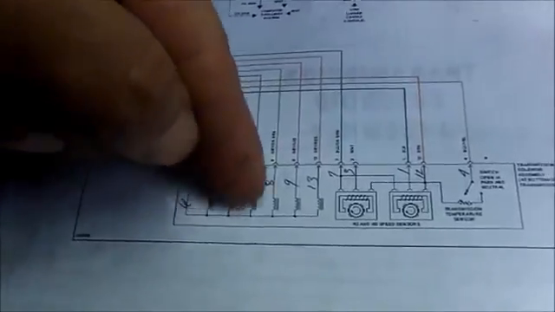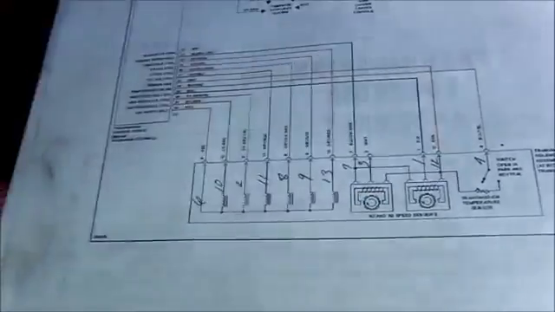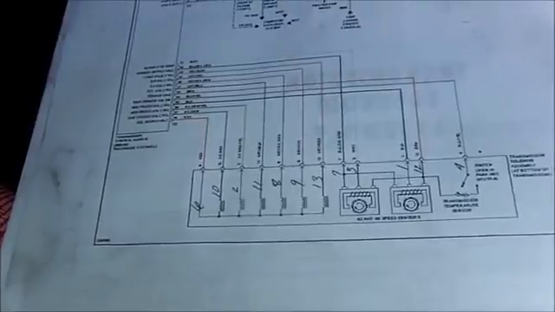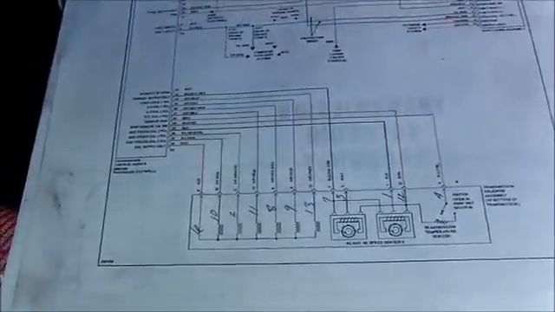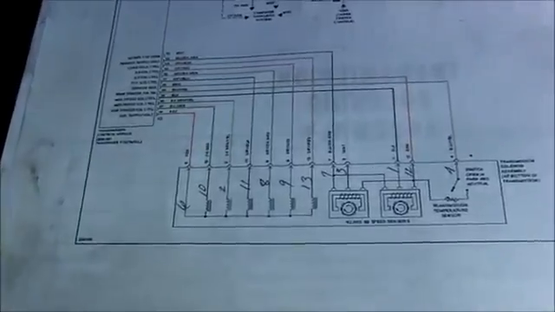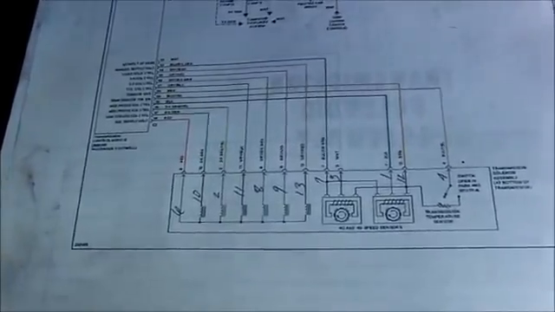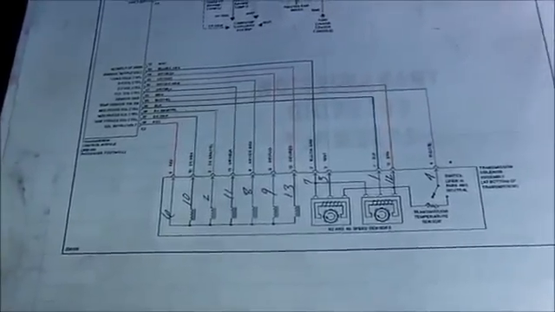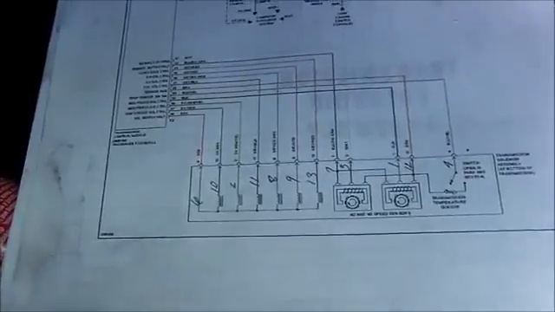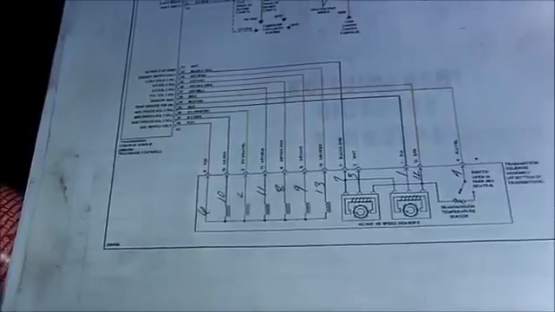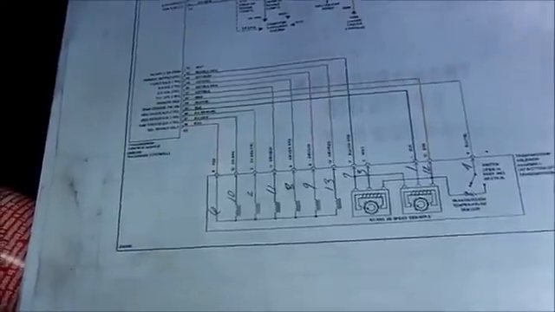And here we have all the solenoids. This is our transmission. We have our speed sensors, N1 and N3, and the transmission temperature sensor. All of this is inside the transmission itself. It doesn't have a vehicle speed sensor on the transmission. It does have it on the differential, and that's why it is very important for the computers to communicate from one to another.